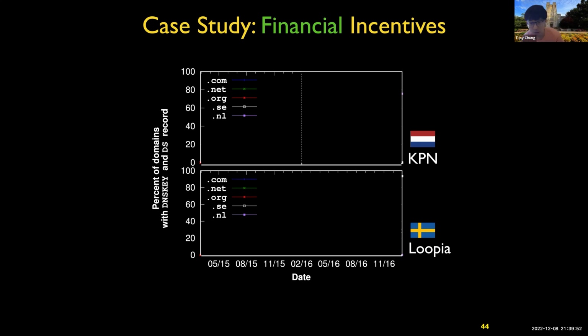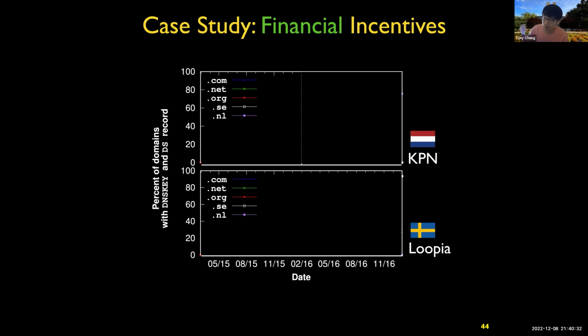So KPN is a Dutch registrar, right? Through this registrar, you can buy .com, .net, or .se/.nl domain names, right? But the thing is, the Dutch registry offers a financial incentive to the registrar when an NL domain name is registered with DNSSEC enabled, right?